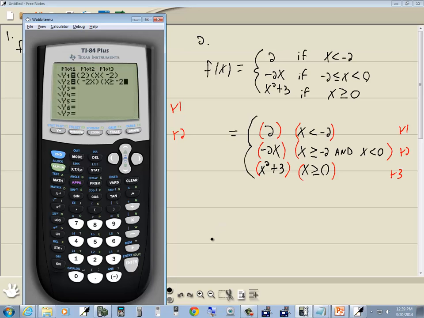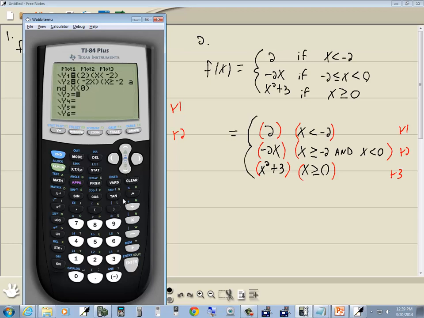negative 2. Now the and. You do not want to try to spell and with letters. If you go back into your test menu, you do second math, you see the logic menu. If I right arrow over to that, that gives me my and. So you can press enter on and then we got x is less than 0, so x, and then go to my test menu. Less than is the fifth one, 0, close parentheses.